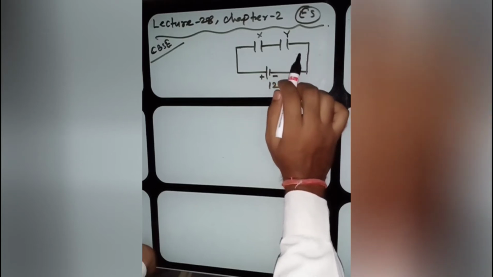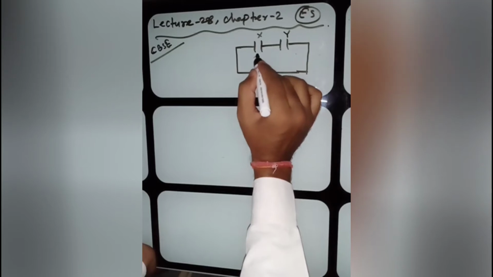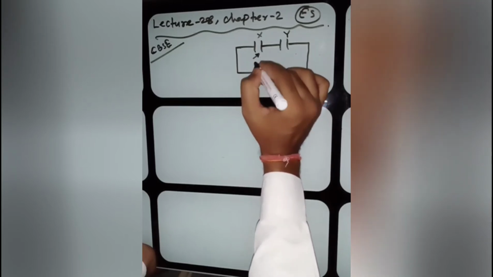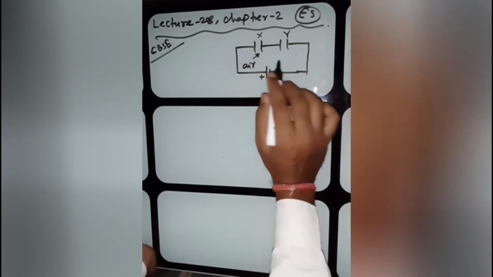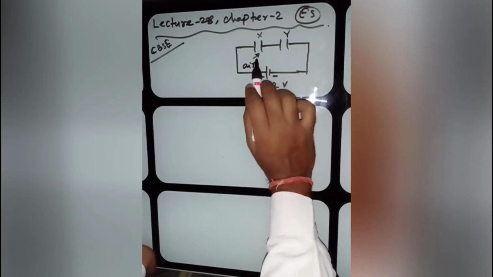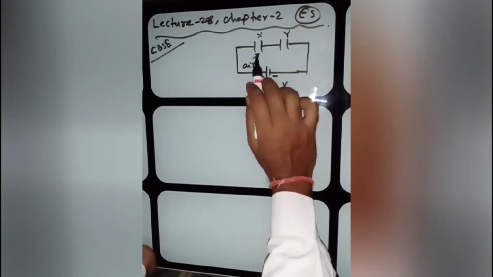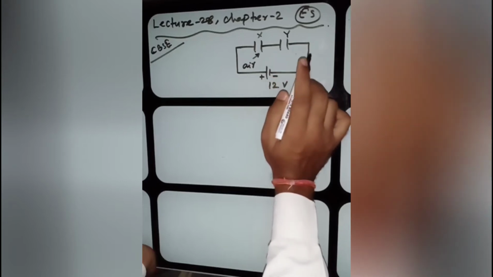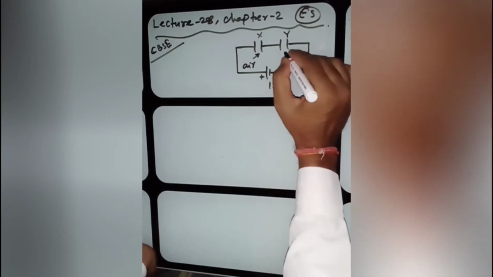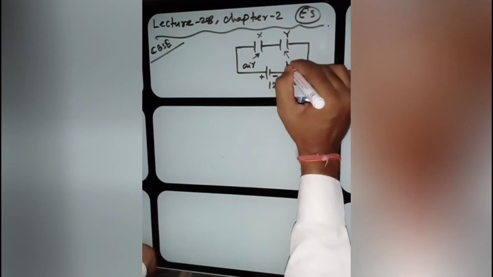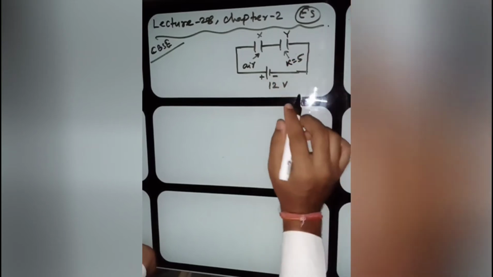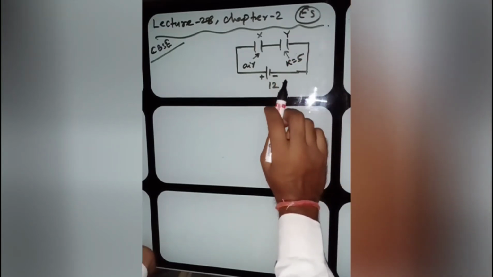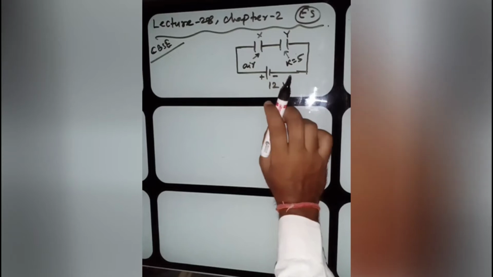X has air between the plates, and the second capacitor Y contains a dielectric of dielectric constant 5.